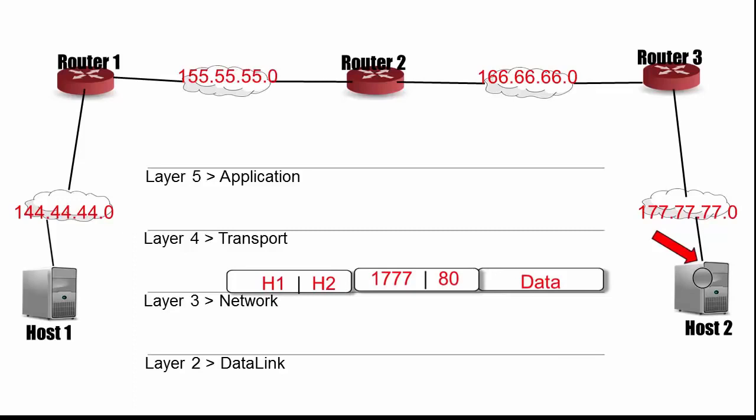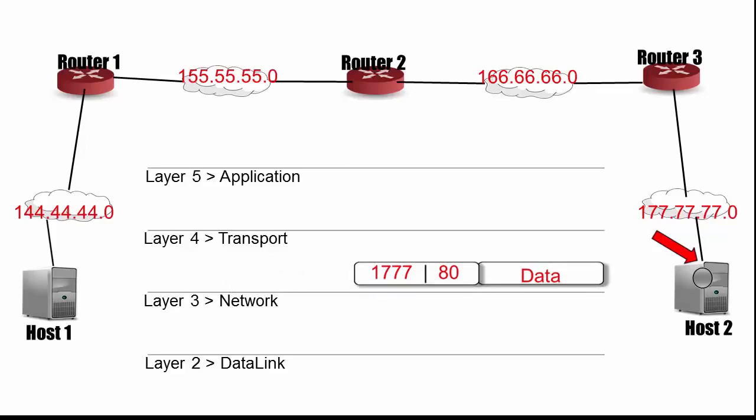At the network layer, it sees that the destination IP matches its own. So at this point, it removes the network header, which it no longer needs. And the segment is passed up to the transport layer.